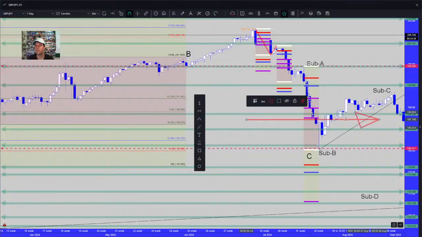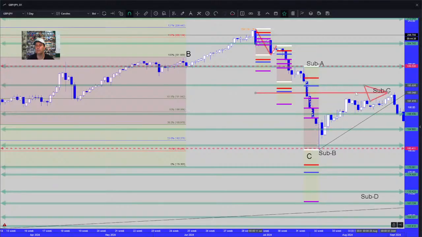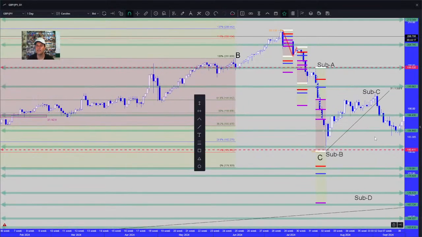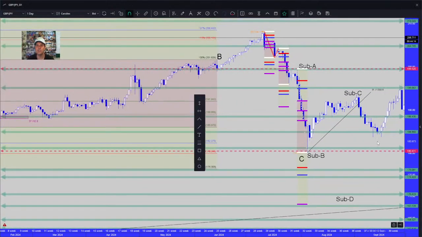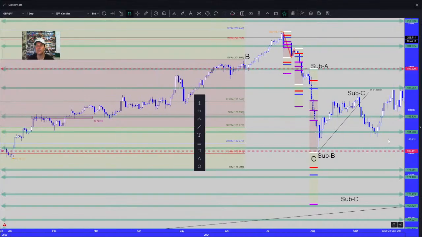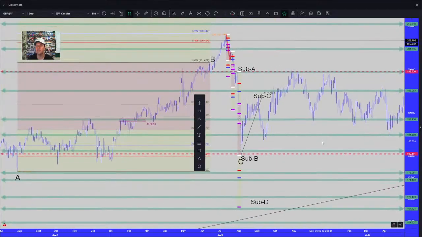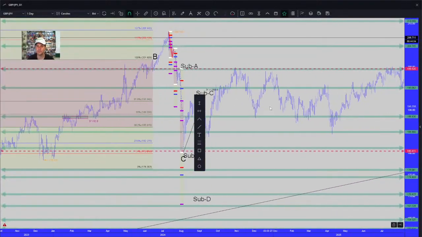You would say, oh, the market is still falling, counter trend line break, sub A, sub B, sub C. Oh, this is going to go down to the sub D. 7 times out of 10 the market is not going to go down to the sub D. If you would take the time to take a deep dive in the Fibonacci theory and the markets and charts, you would see that the market would not hit the sub D extension. Okay, everybody?